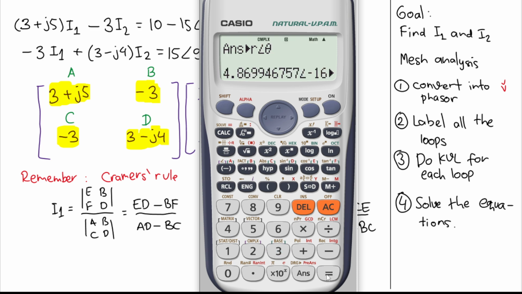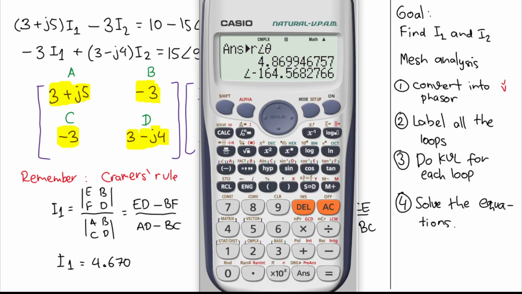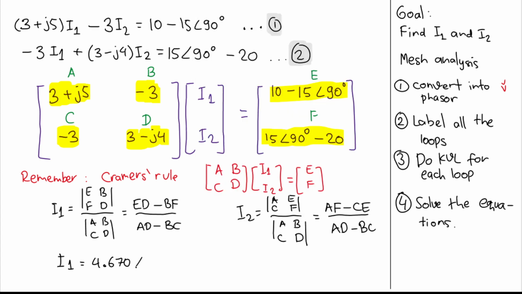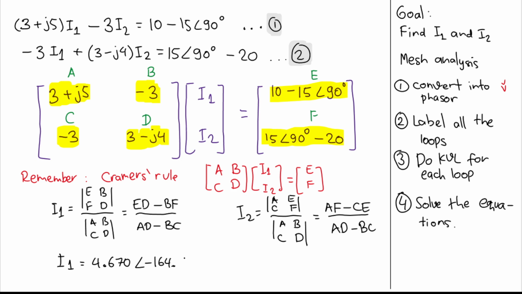And then we have the value of I1. So I1 equals 4.870, I think, and then the angle will be minus 164.57 degrees.